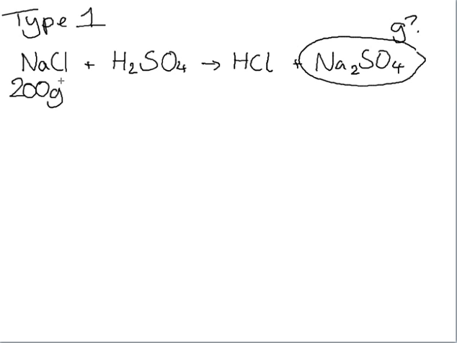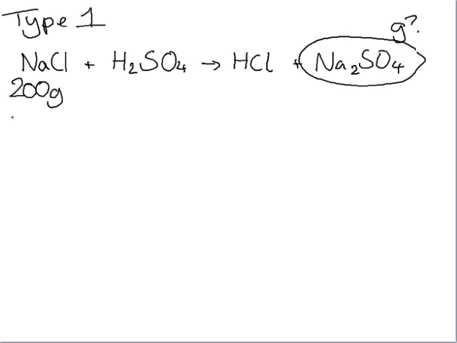So what they're asking is how many grams of Na2SO4 is produced when you have 200 grams of NaCl. That's the question. So you want to figure out how many grams of this is created.